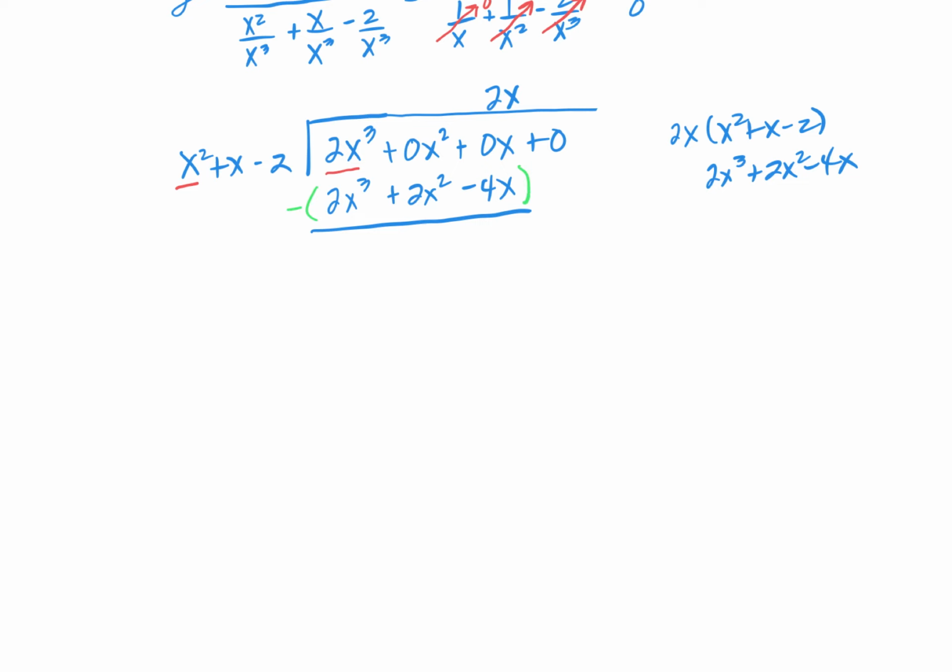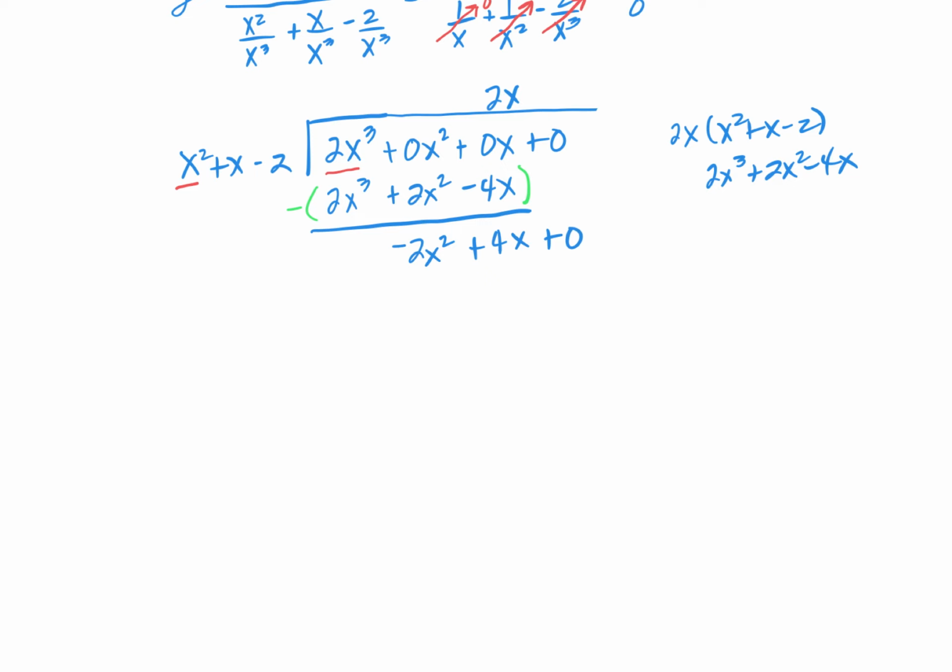When I subtract down, I get 0. I get a 0 minus a 2x squared, which would be a negative 2x squared. 0 minus a negative would give me a plus 4x. And then bring down the 0.